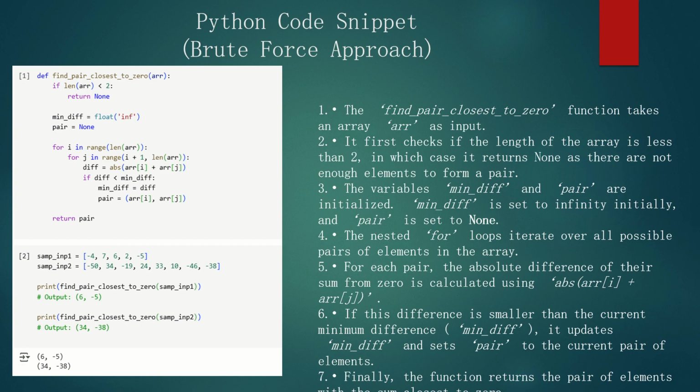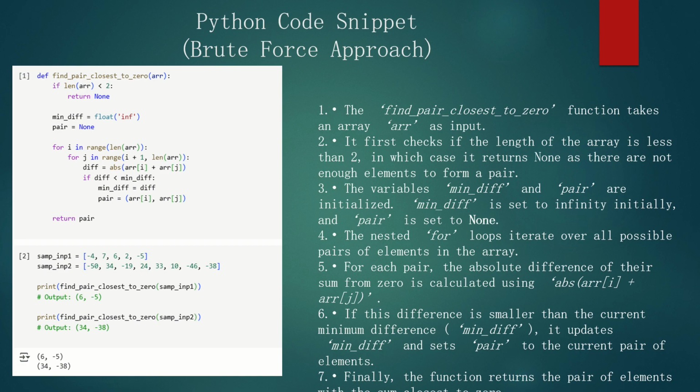The nested for loop iterates over all possible pairs of elements in the array. For each pair, the absolute difference of their sum from 0 is calculated using abs(array[i] + array[j]).